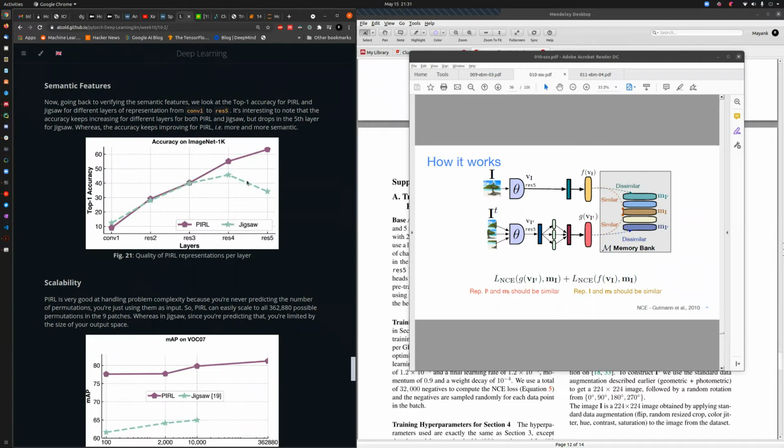If you backpropagate, then the training on the layers, the top 1% accuracy drops here for the Jigsaw, but increases for PIRL because of this loss objective that they had.